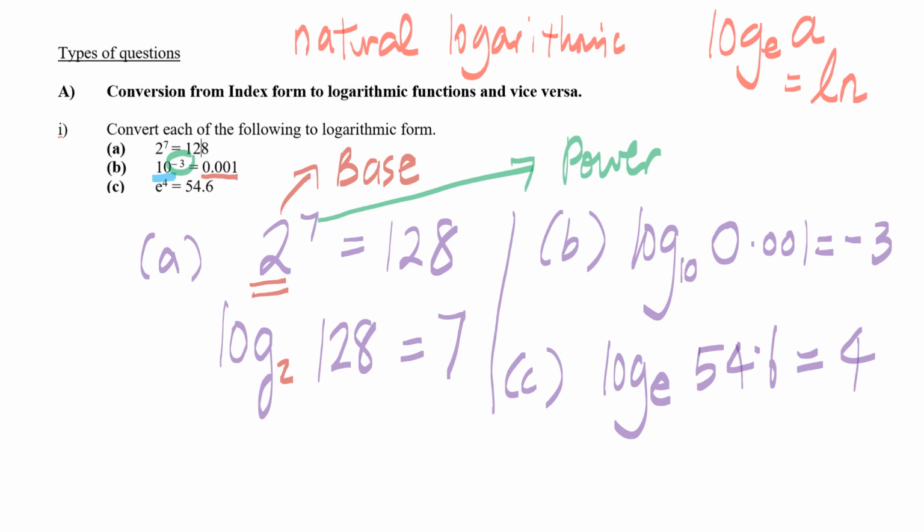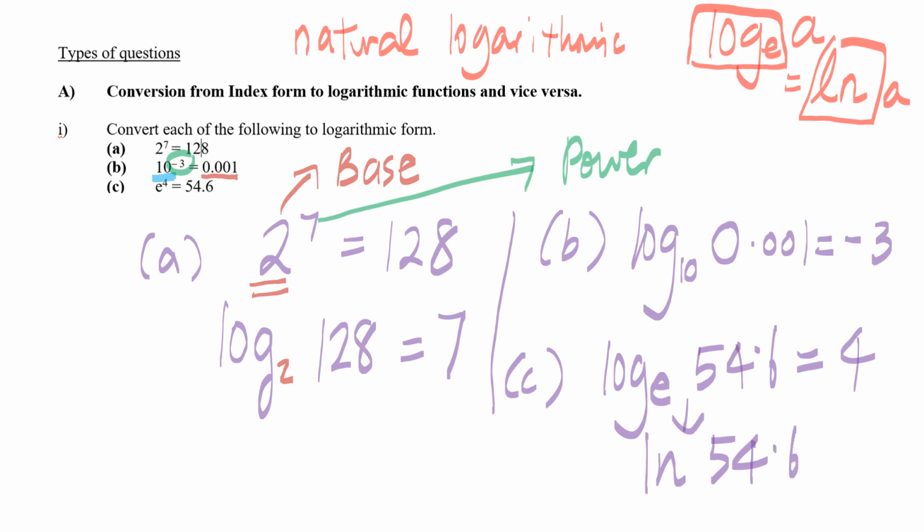So log base E, you can write it as Ln. From here you can simplify it to be Ln 54.6 equals 4. Your log base E simplified into Ln. Ln is a natural log.